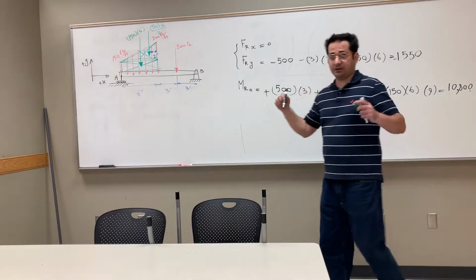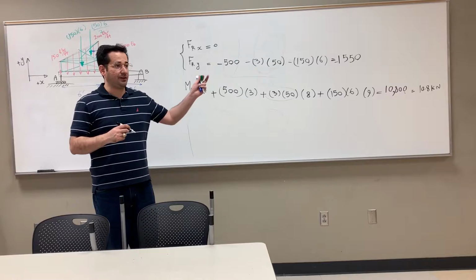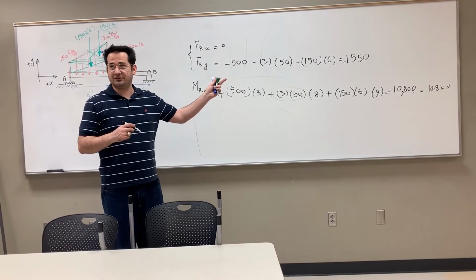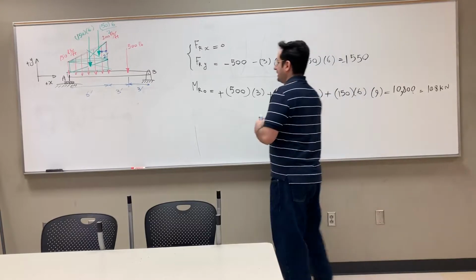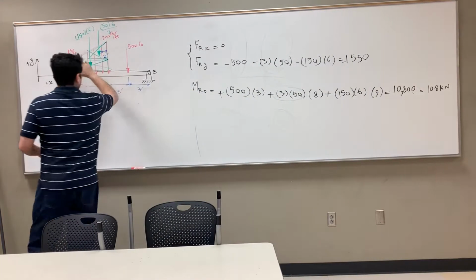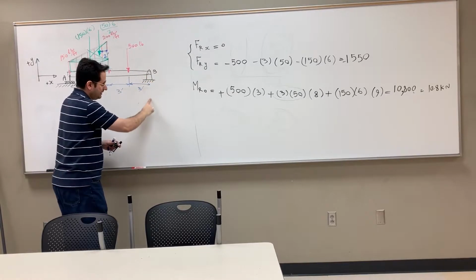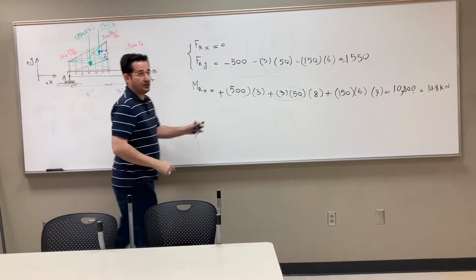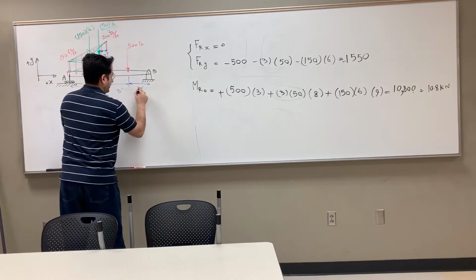So, assuming that the computation is right, should I double check it or is that right? That's right? Okay. Alright, so at the end you can get rid of all these things and replace them with just one y component of force and one counterclockwise moment.